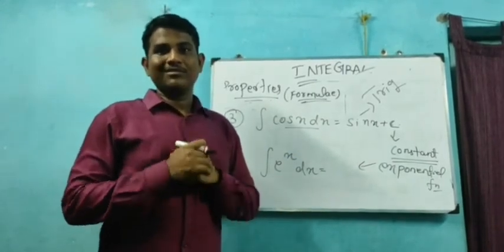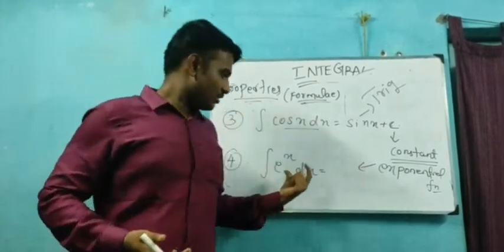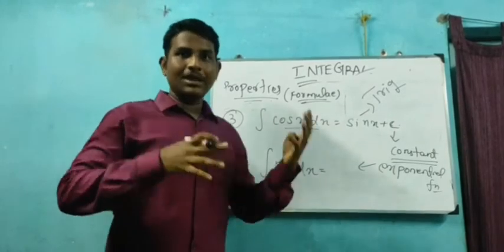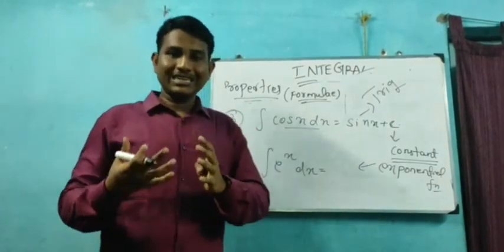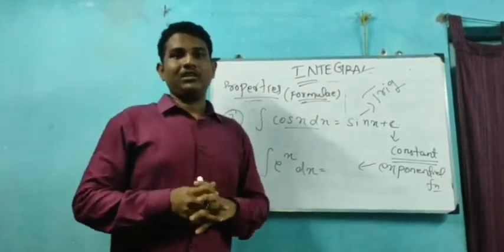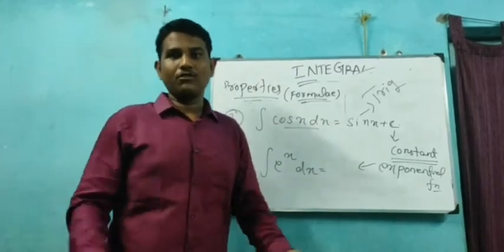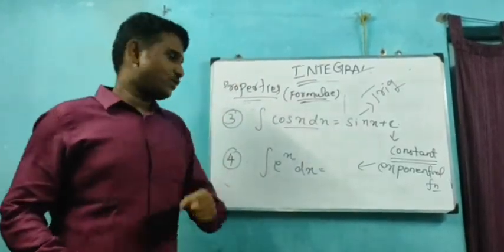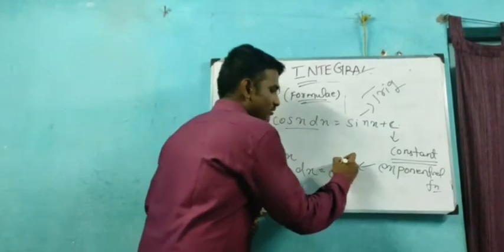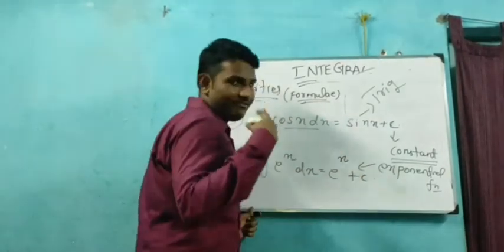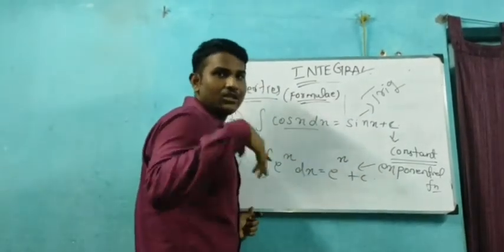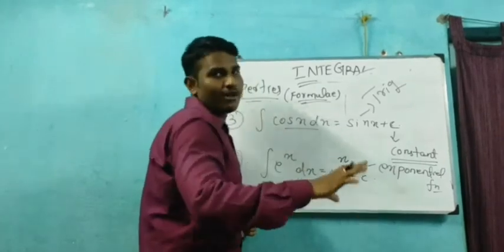Anybody? Integration of e power x is the question, but now I am asking, what is the differentiation of e power x? e power x is e power x, right? Yes, some of you are saying so. The integration is also e power x. So differentiation and integration of e power x are both e power x only.